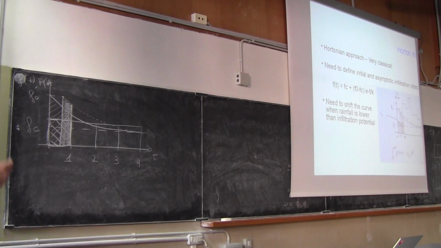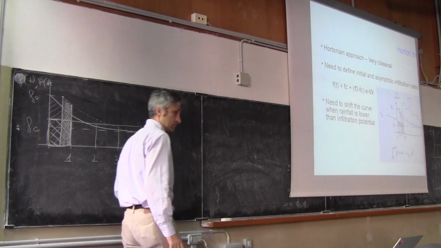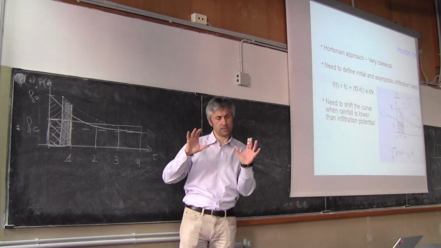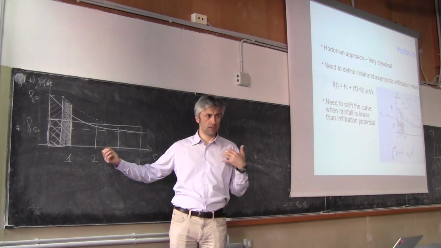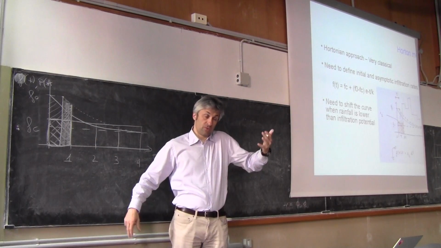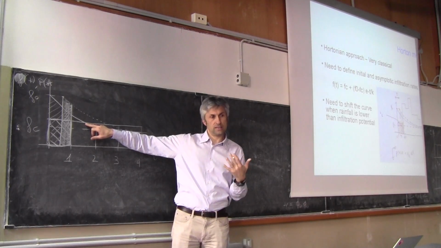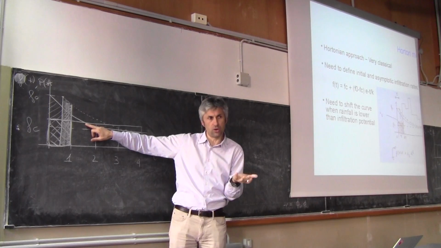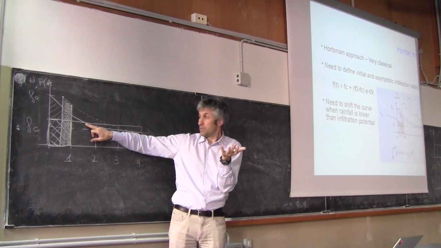Now let's move to the second step. End of second hour. And here you already see something a bit different. If you move to the end of the second hour, you see that according to the previous infiltration curve, you would expect that at a certain point you get to a situation where rainfall is greater than infiltration.